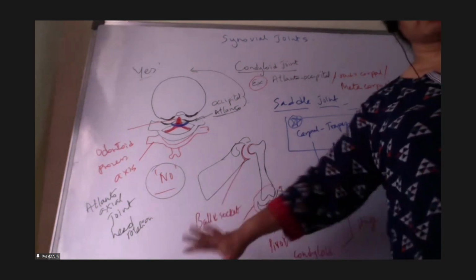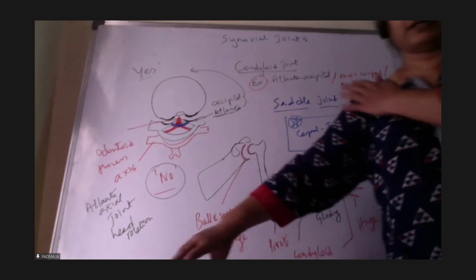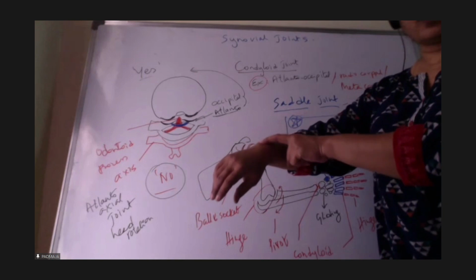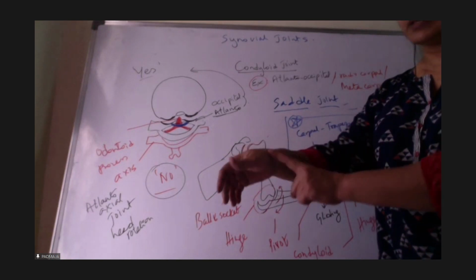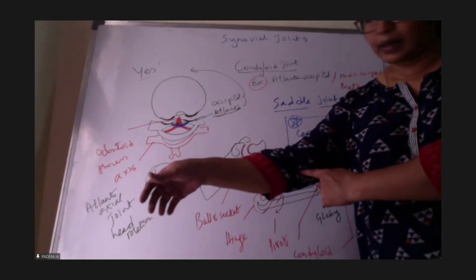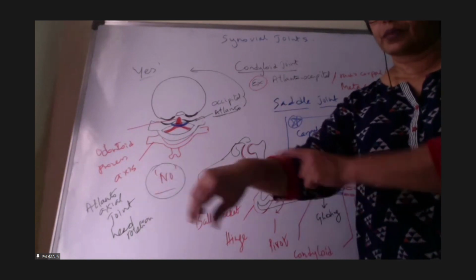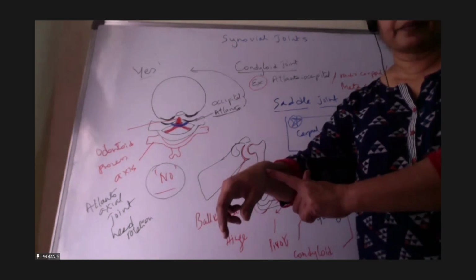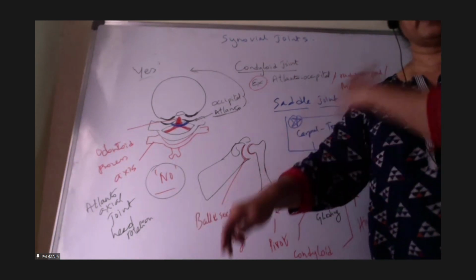So you may get a question, arrange them in sequence. Ball and socket, hinge, condyloid, gliding, saddle. Ball and socket, hinge, pivot, condyloid, gliding, saddle. All are in your hand, lined in sequence.